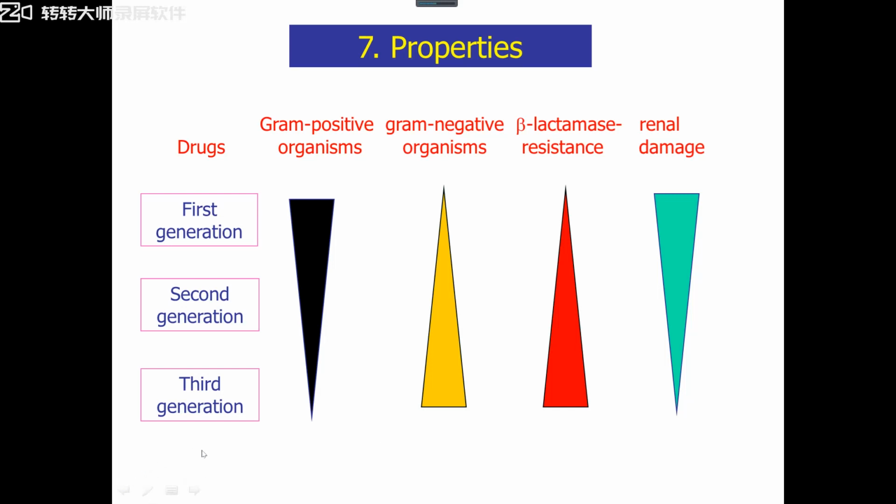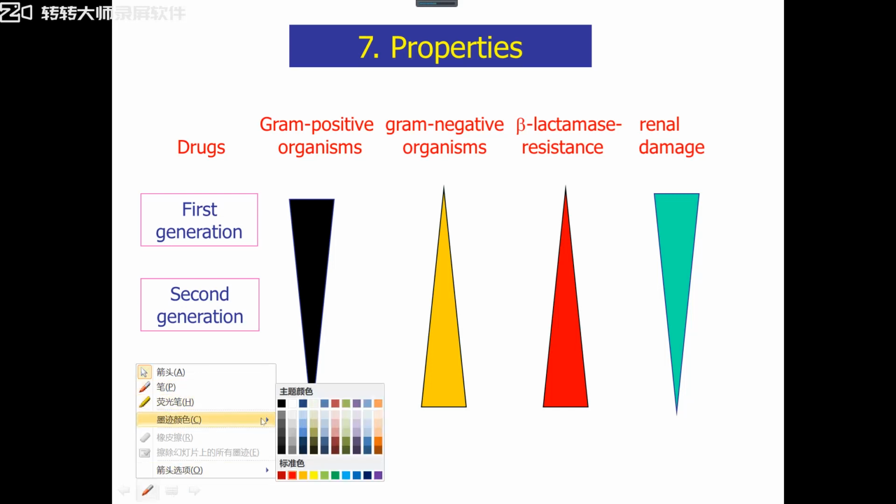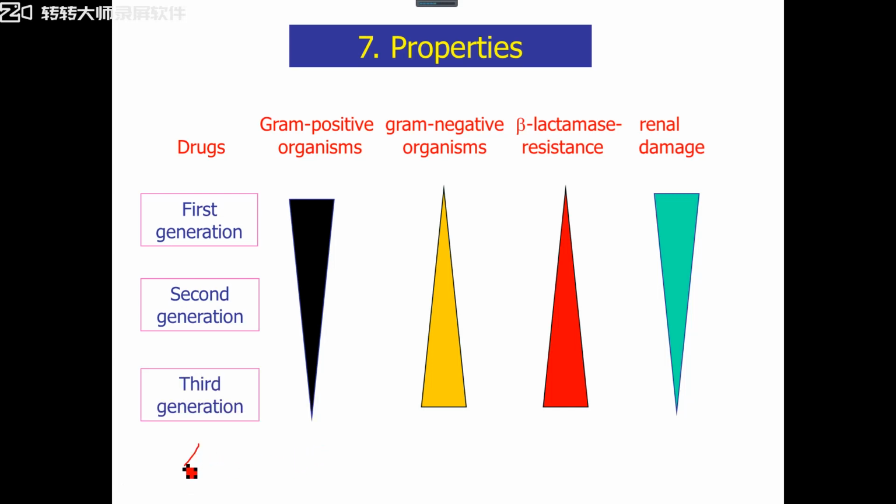Oh, maybe you're confused. Teacher, you have forgotten one drug, the fourth generation cephalosporins. Why don't I mention the fourth generation cephalosporins? Now let's explain them. The fourth generation cephalosporins can kill gram positive, the strongest, very, very powerful.